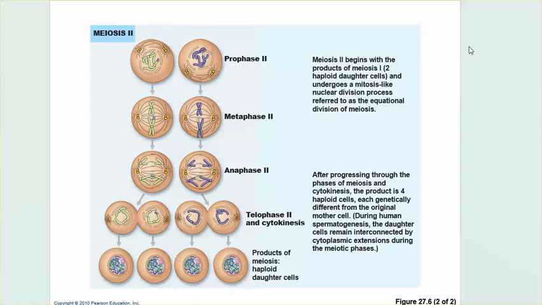But it's random which one of the 4 ends up being used. And you can imagine that the pairs being separated in meiosis 1 is also random. So it's like shuffling cards. It's random, and it very seldom ever happens the same way twice.